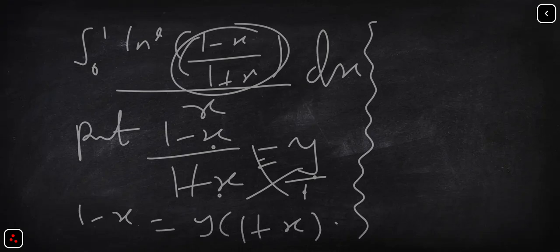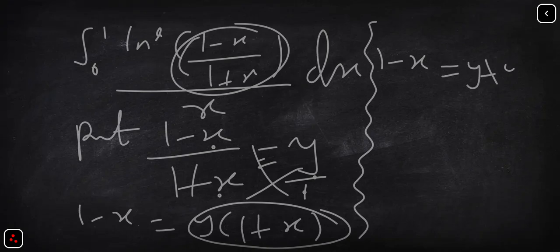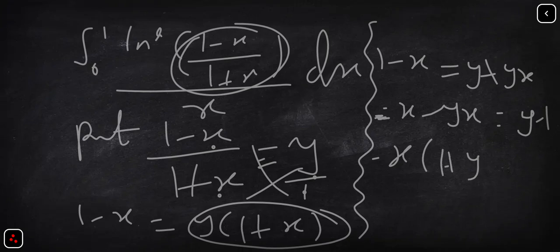Expanding the right hand side, 1 minus x is equal to y plus yx. I want to make x the subject, so collecting like terms, I have minus x minus yx equals y minus 1. Then I can factorize minus x out, so that will be minus x times (1 plus y) is equal to y minus 1.